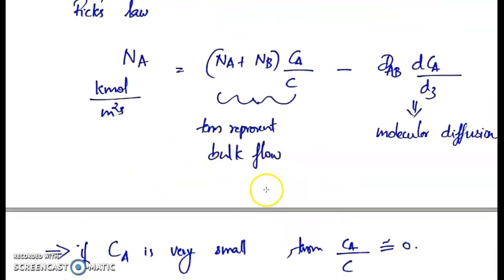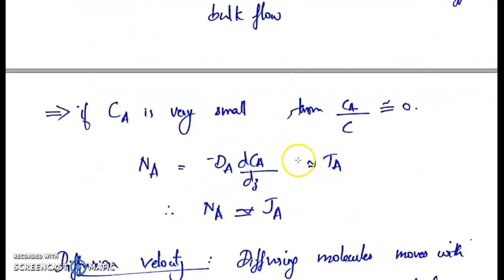So that means when the concentration of A is very small, diffusion is predominant because a small amount of A is present, large volume is available, so molecules are free to diffuse. Collisions will be less, so the entire transfer will be through diffusion. So I hope now it is clear.